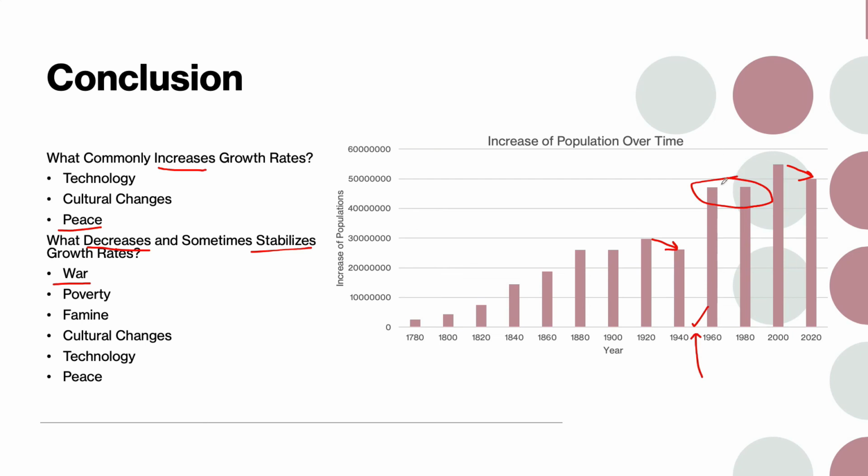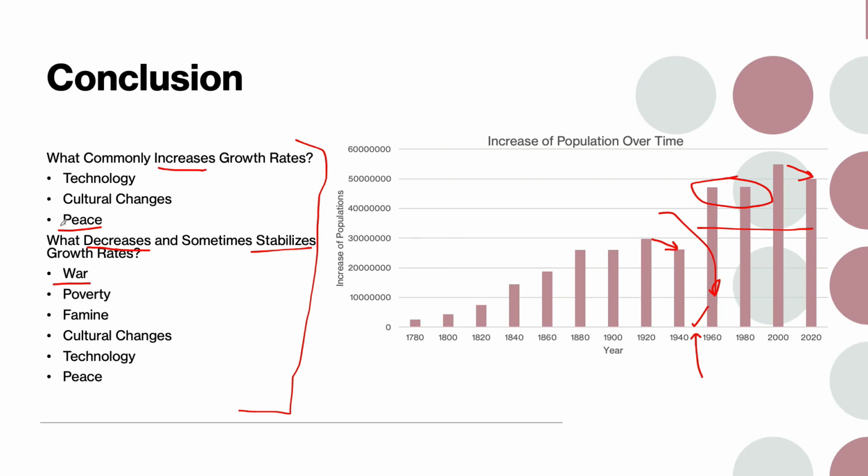And cultural changes also seem to affect population growth. With an increase of abortions and Planned Parenthood came a steadying out of population growth. But with an increase of husbands and wives reunited came a sharp increase in population growth. All in all, any one of these factors here, any one of them, each individually affect the population, and it is clear that they have done so throughout the history of the United States.